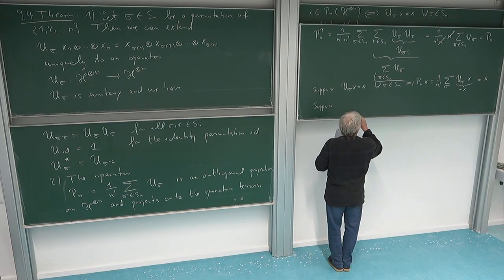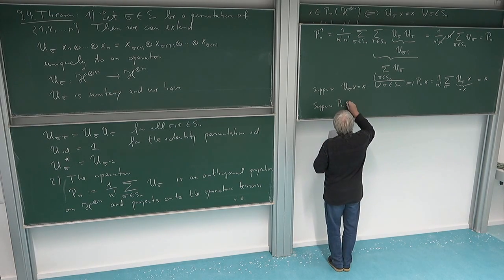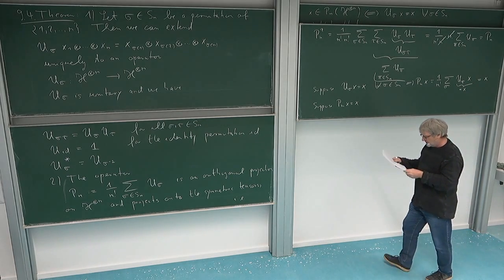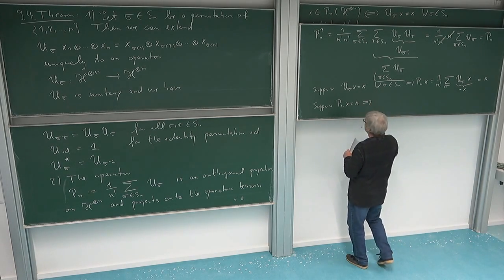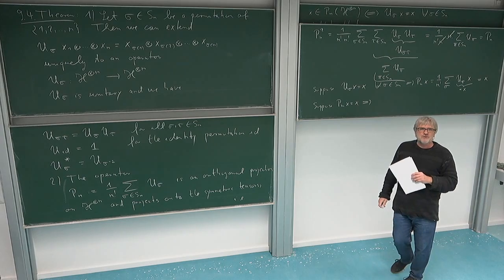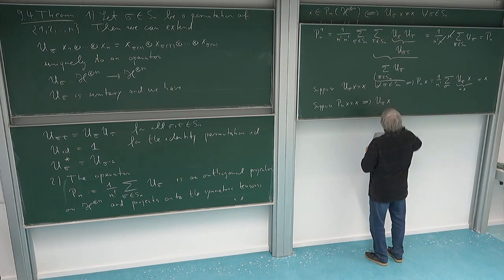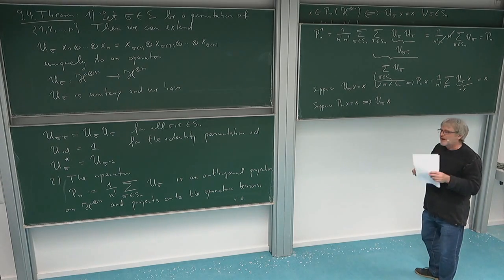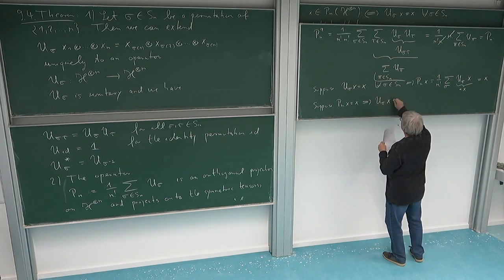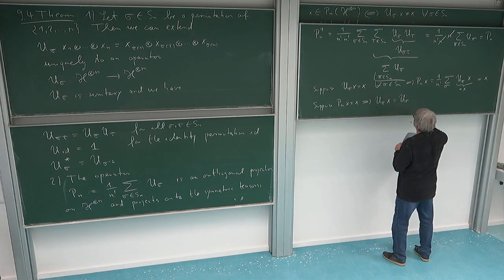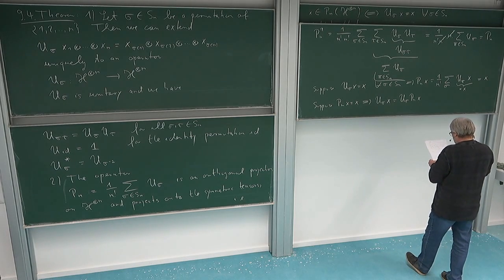Now the other way around. Suppose that we know that x is in the range of this projection operator, and then I want to see that it is invariant under the action of any u sigma. So let me take u sigma acting on x. I want to see this is equal to x. The x, of course, I can now also write as Pn x.